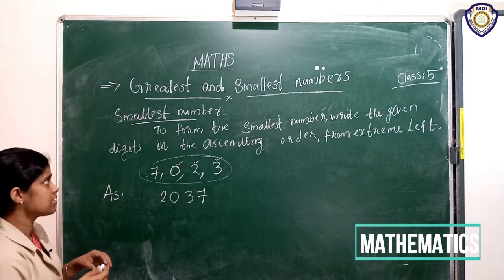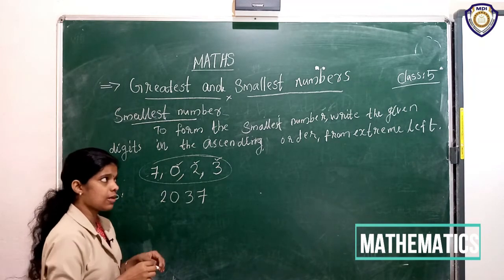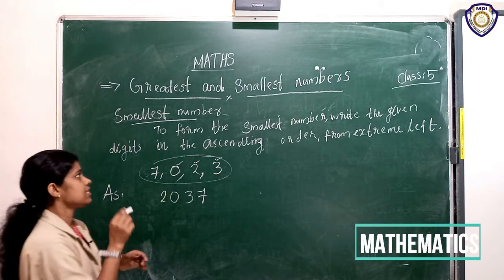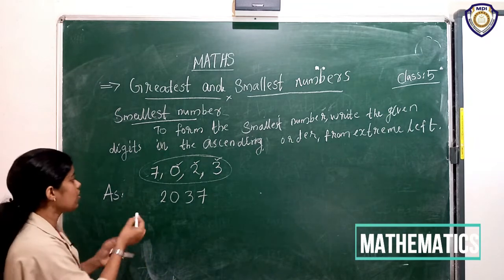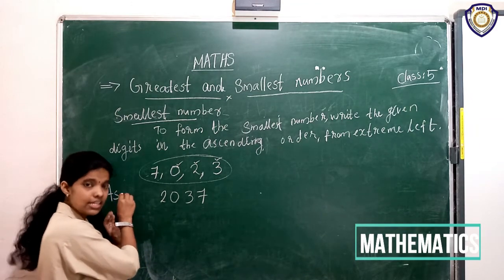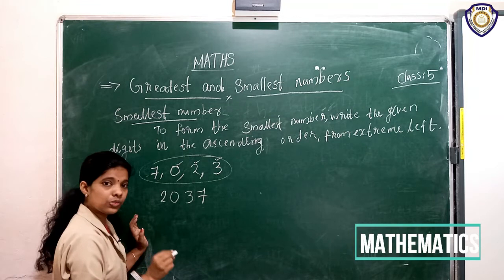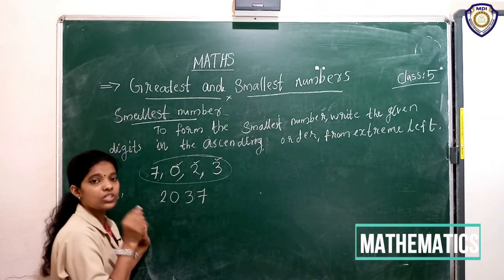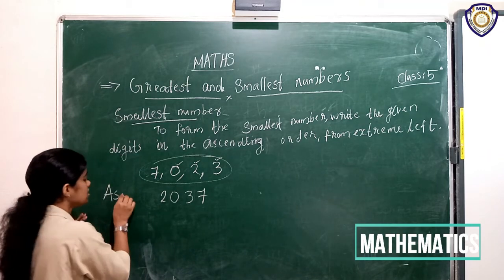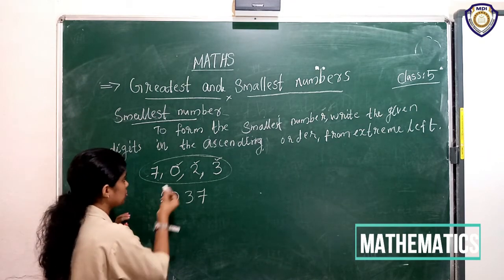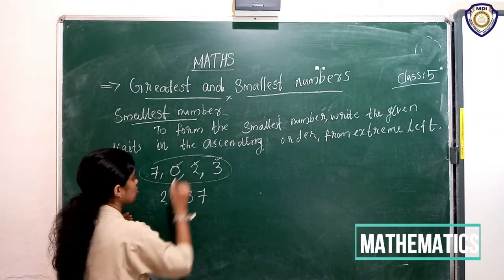How to form the smallest number? To form the smallest number, write the given digits in ascending order. Ascending order means smallest number to largest number. Here, the smallest number is 2.